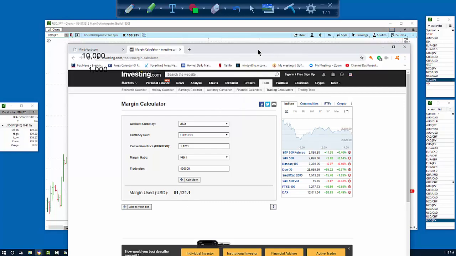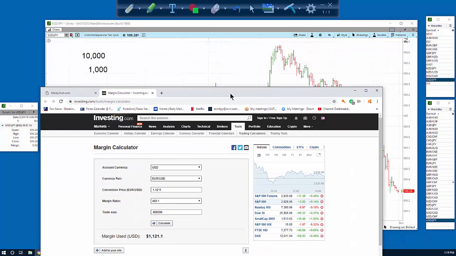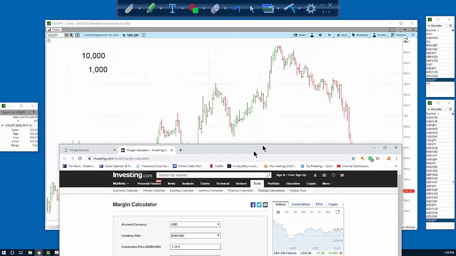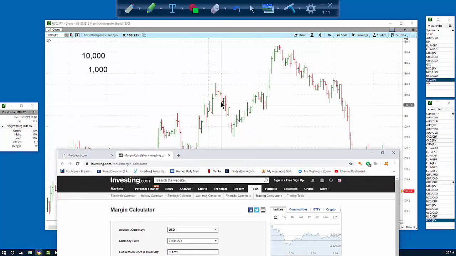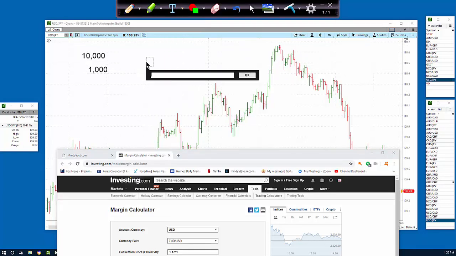But what if I did a 4-lot trade and that trade started going negative? If each lot has a pip value of $10, a 4-lot trade is going to cost $40 per pip that the trade goes negative. So what would happen to my account if I had $40 every pip going the wrong way?